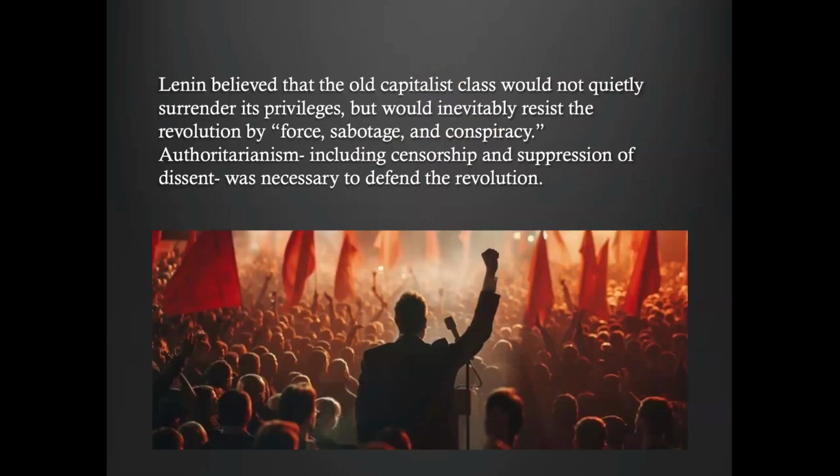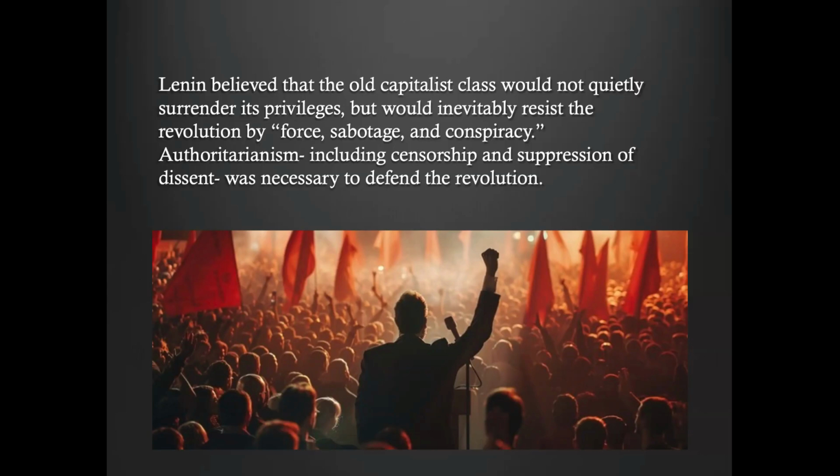Lenin believed that the old capitalist class would not quietly surrender its privileges. He's probably right about that. But would inevitably resist the revolution by force, sabotage, and conspiracy. And this is true. I mean, there was a lot of hostility to the Bolsheviks after they took over power in the early Soviet Union.